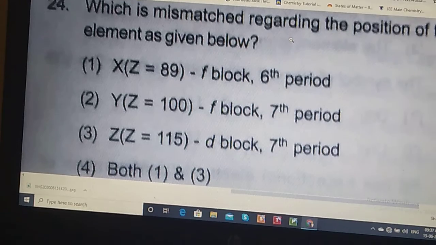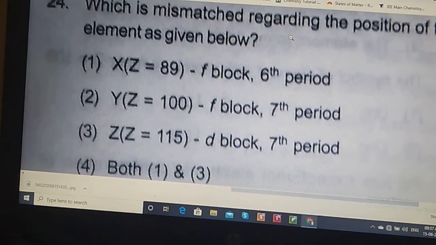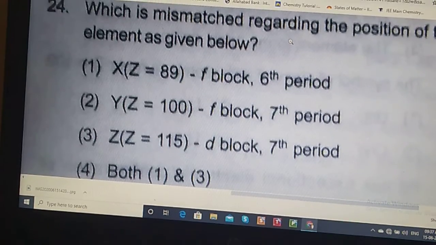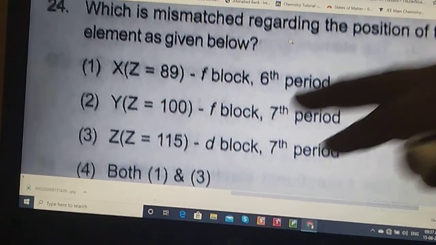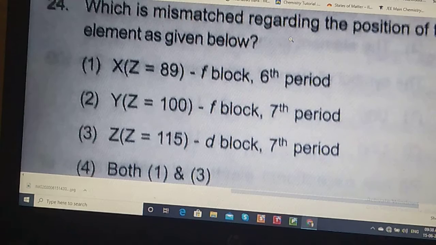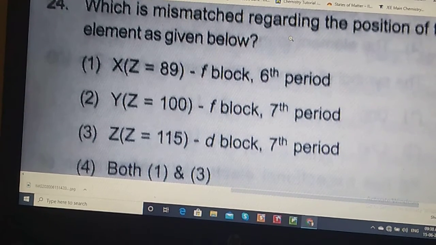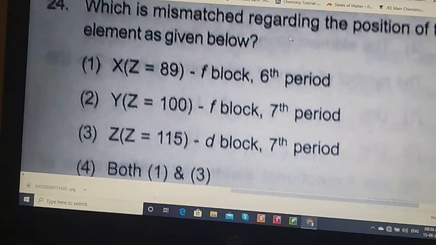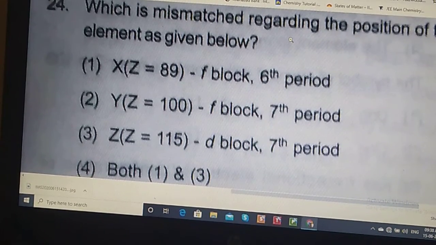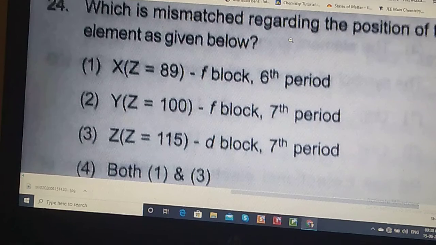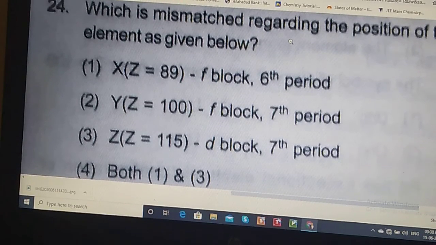Now, student, see option 2. Z equal to 100, period number 7. Okay, no problem. Period 7 is correct. Now this one, 115, D block element, 7th period. For 115, the period is okay, but D block is not correct, student.